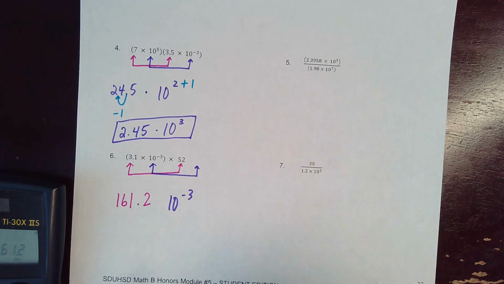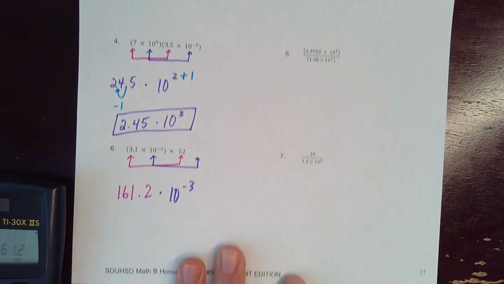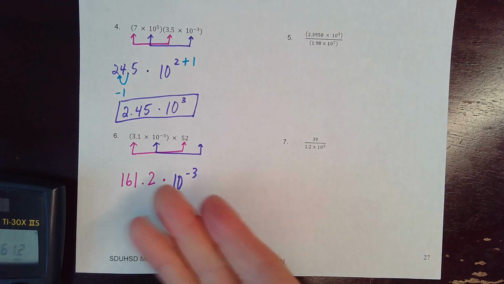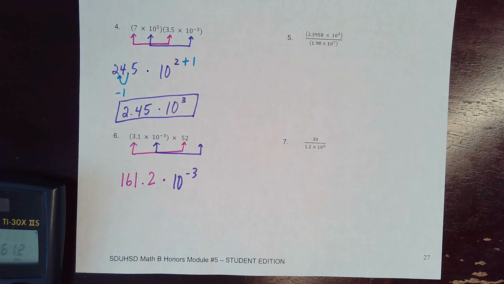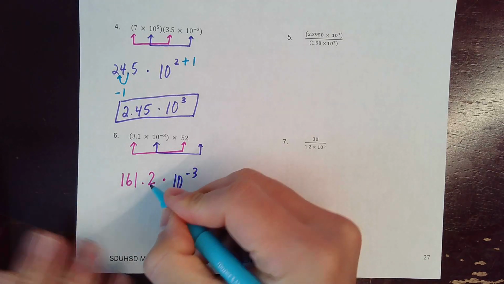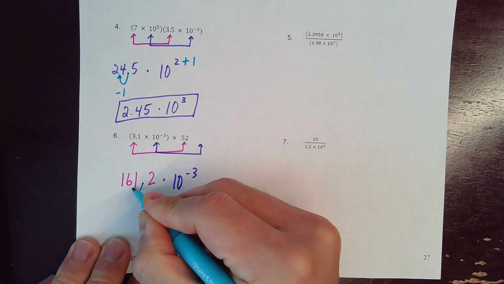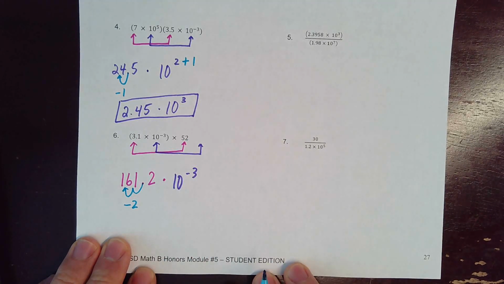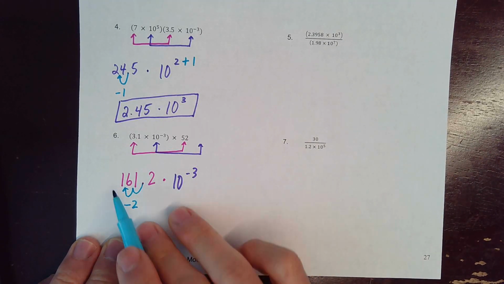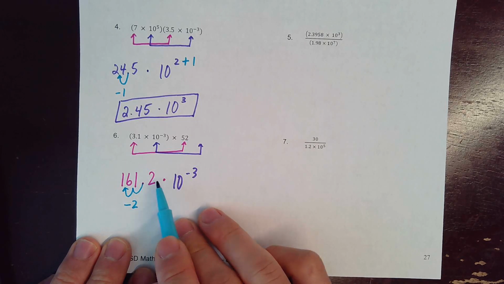3.1 times 52 is going to give me 161.2. And you can see that this number needs some editing, right? This number is not in scientific notation. So again, all we need to do is we need to move 2 placeholders. You take away 2 placeholders, you make the 161 into 1.612.